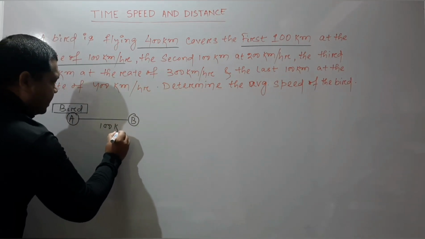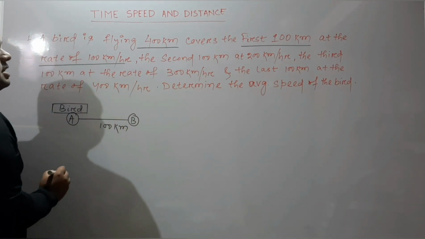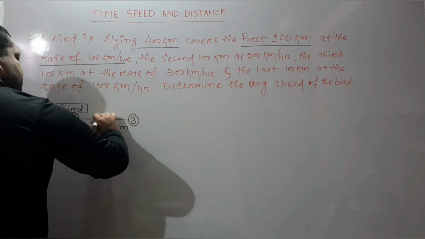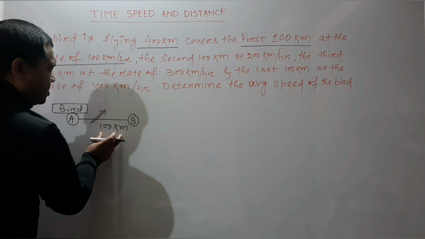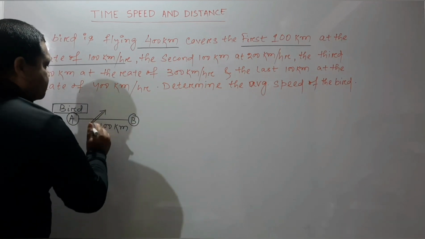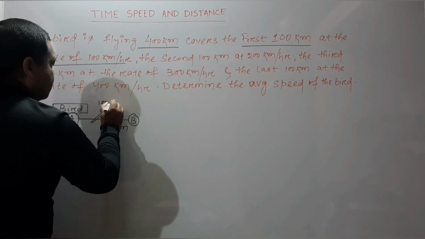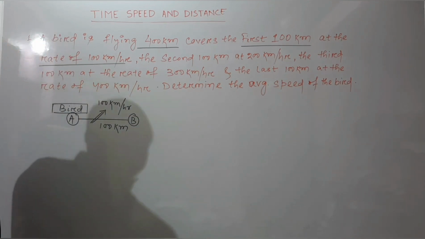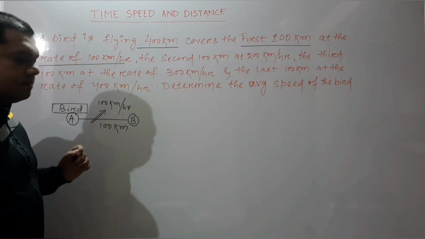So the first 100 km, bird is flying at the rate of 100 km per hour. That means from position A to position B, the distance is 100 km and this speed is 100 kilometer per hour. This is given in the question.